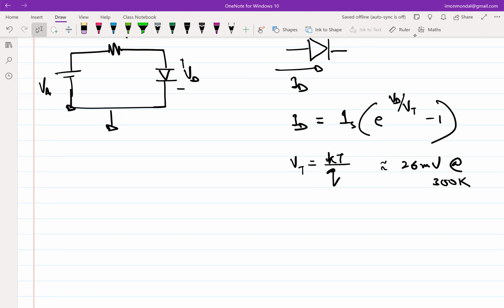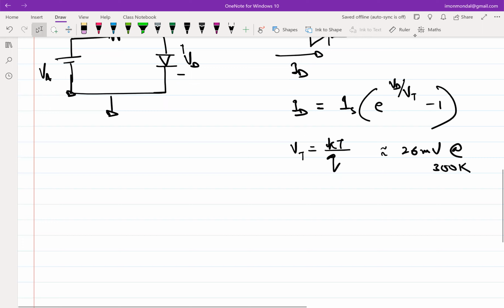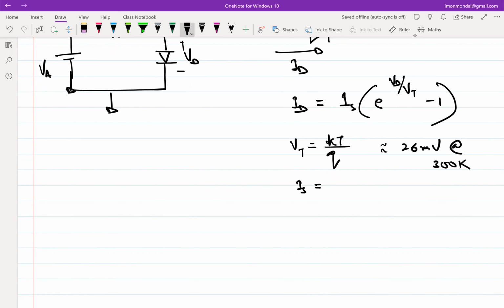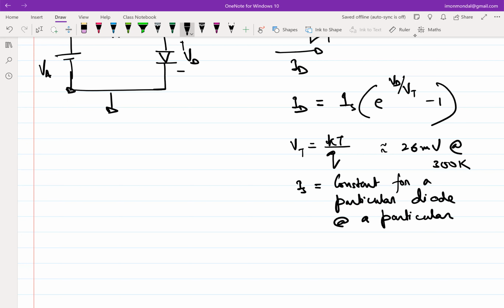Okay, and IS is some constant which depends on the way the diode has been constructed, right? So this is constant for a particular diode at a particular temperature. Again, this IS also is temperature dependent.